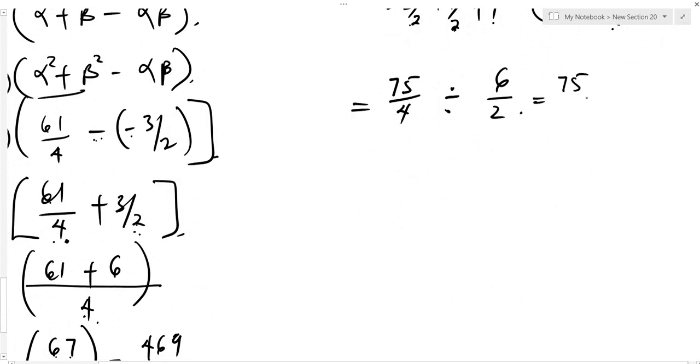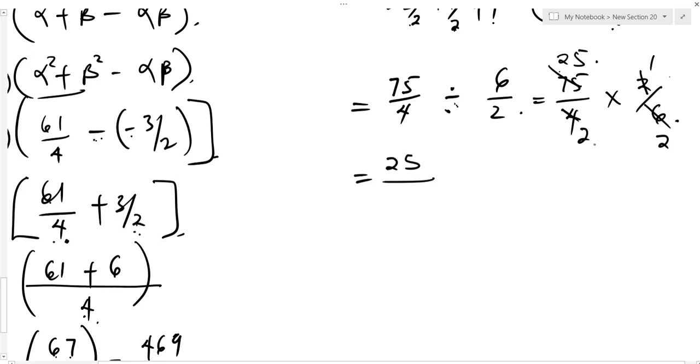Now 75 divided by 4, if you want to change this sign to times, you reverse this, so it will now be 2 over 6. So 2 cancels 4 is 2, 3 cancels 6 is 2, 3 cancels 75 is 25. So 25 times 1 will give you 25. 2 times 2 is 4.